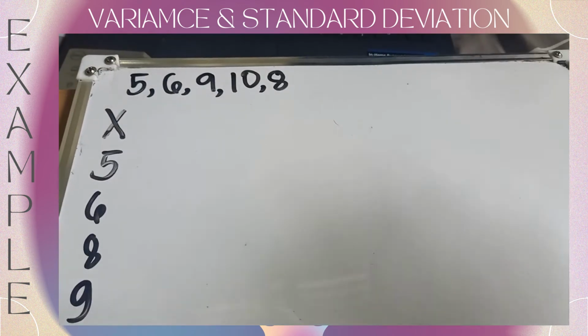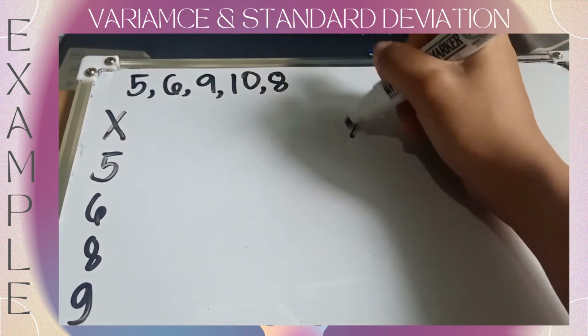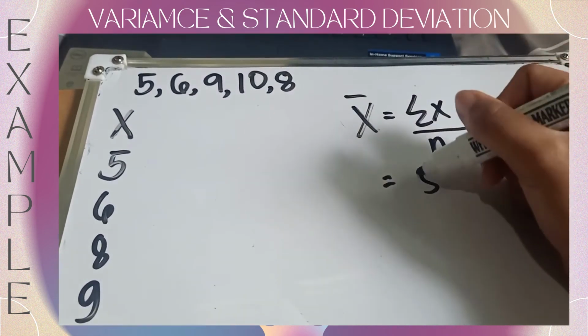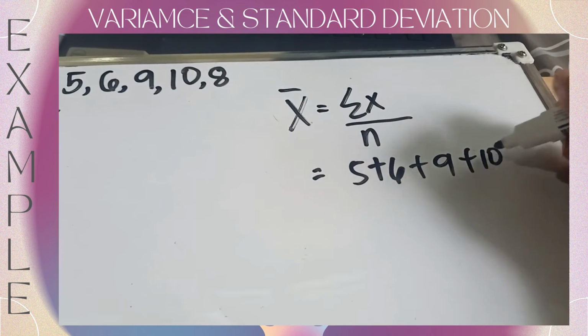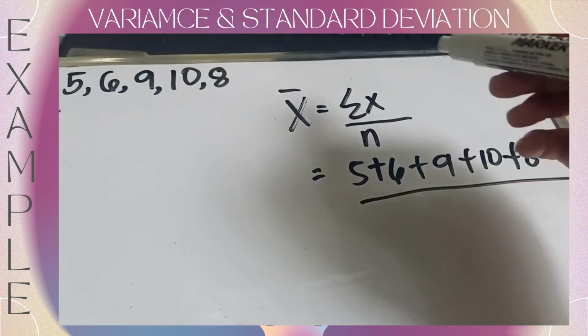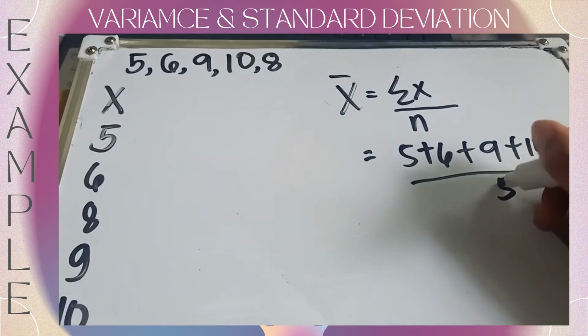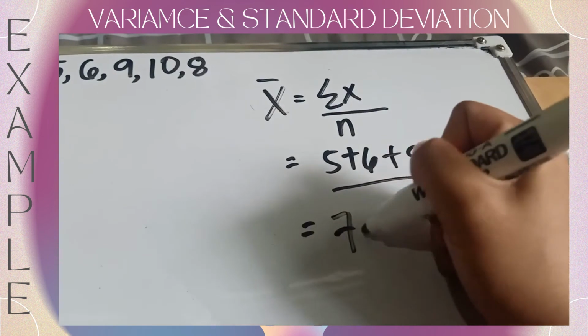Next is we are going to find the mean of this given data. So our mean is the summation of x divided by n. So 5 plus 6 plus 9 plus 10 plus 8 divided by ilan tong data natin? 1, 2, 3, 4, 5. And our mean is 7.6.